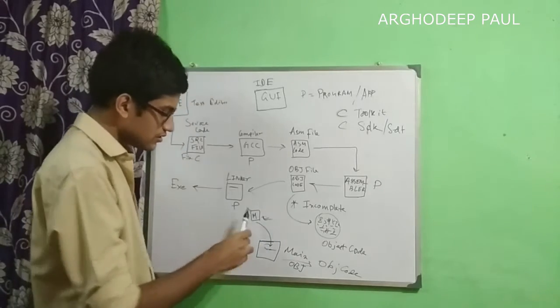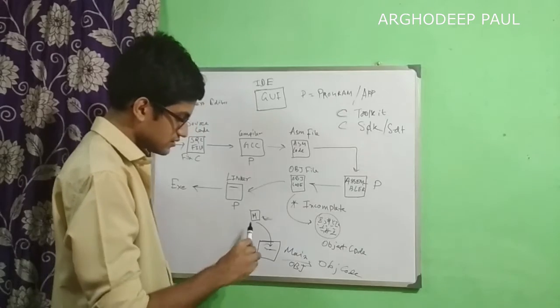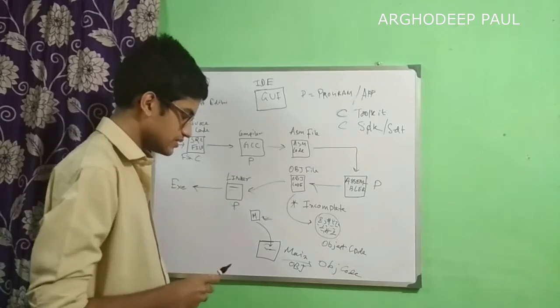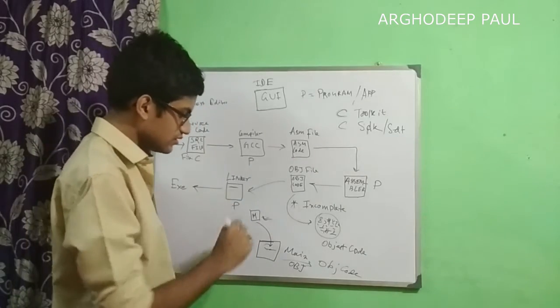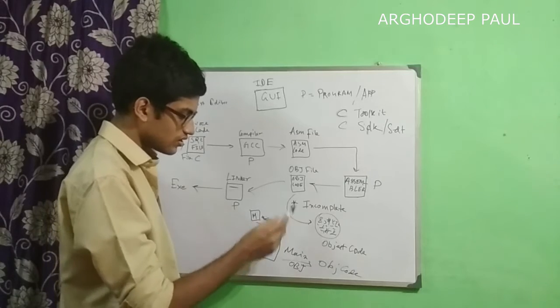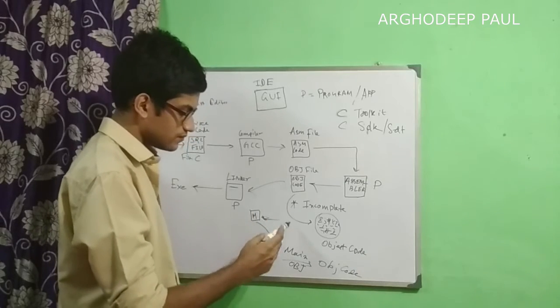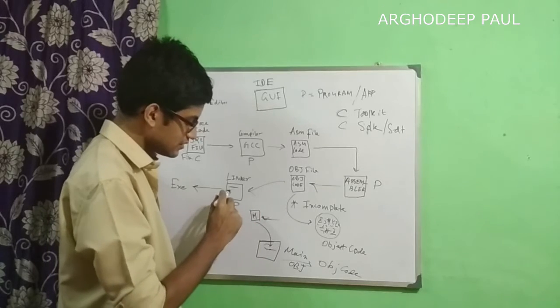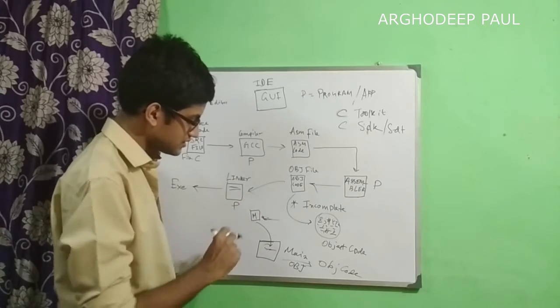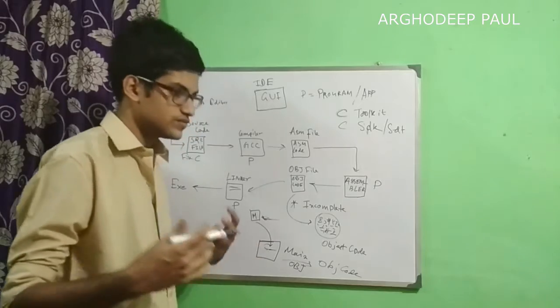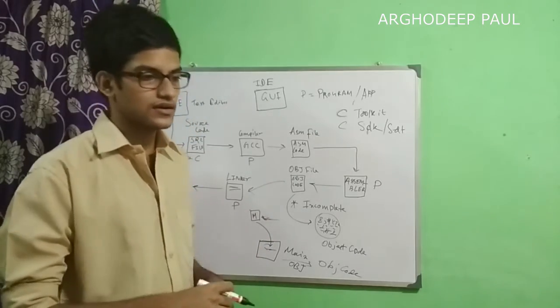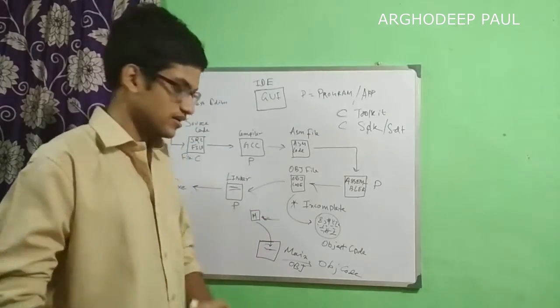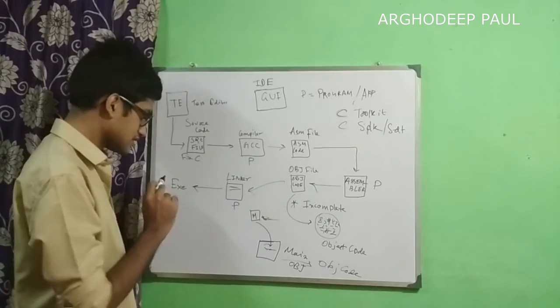So as the linker finds that this module has been mentioned, the linker will load this module and make an object file for this module. And finally these two object files will be joined, concatenated, or combined together, finally making the exe.